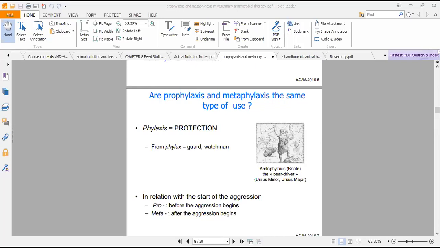And when the pathogens have attacked the host, but the clinical signs have not appeared yet, I'm repeating, when a pathogen has attacked healthy animals and has not shown clinical signs, then we apply these antibiotics, and at that stage, the use of antibiotics is known as metaphylaxis.